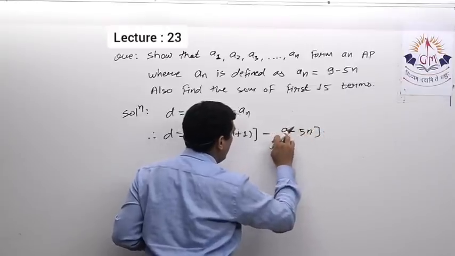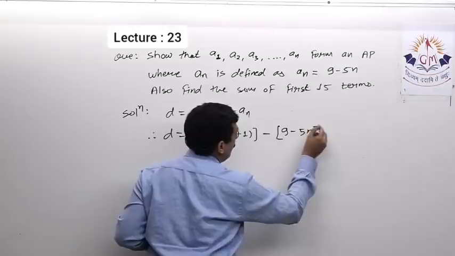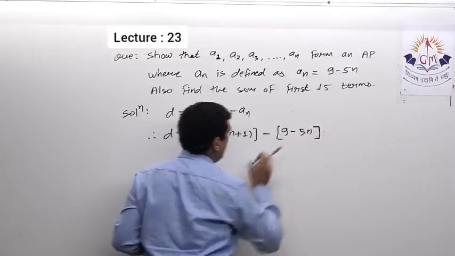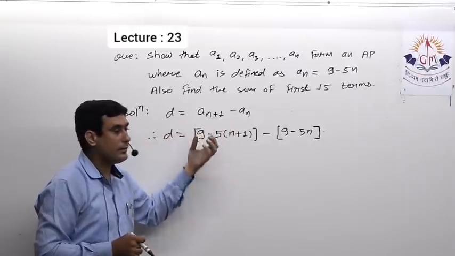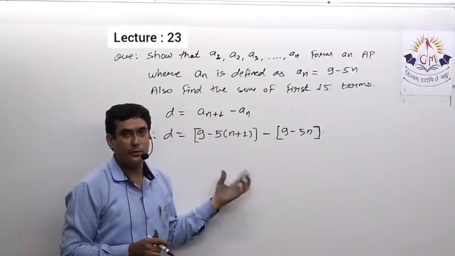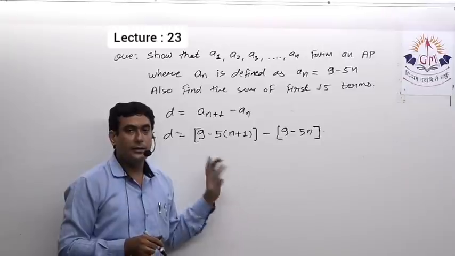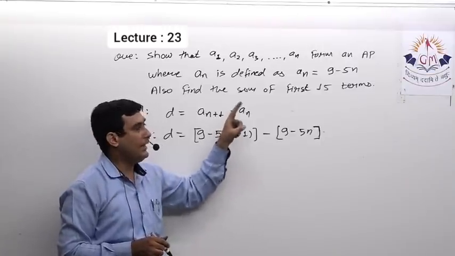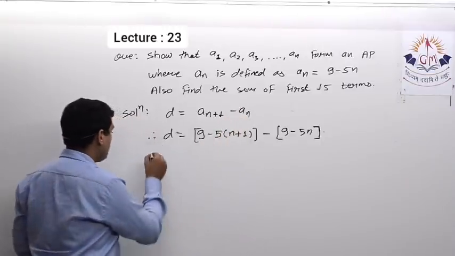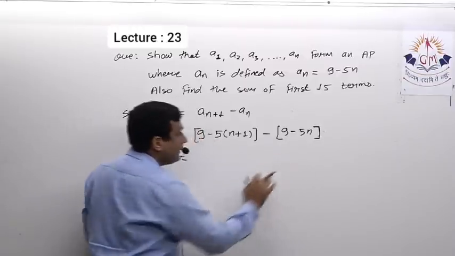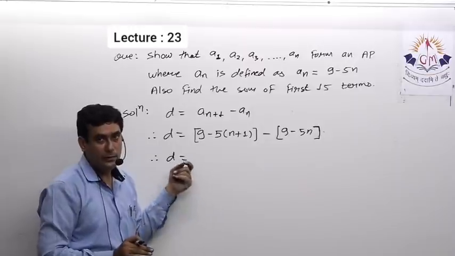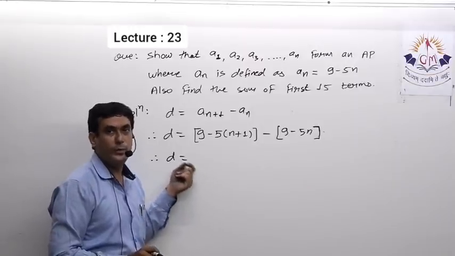Now if this difference d is a constant, that means it is independent of n or does not depend on n, then definitely we'll say an represents an AP. That means the value of d, whatever we get, should be a constant term, a numeric value.